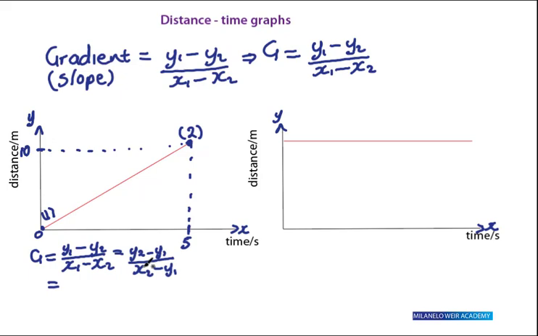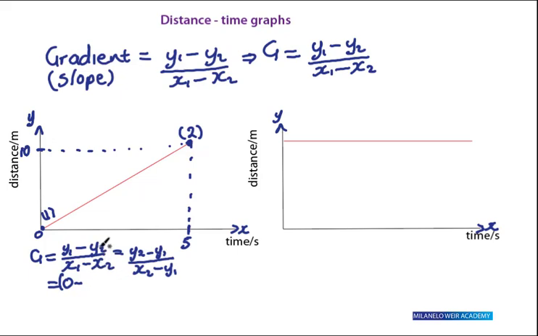Okay? So y1, what is the value of y at point 1? The y values are along this line, right? So the value of y here is 0. Let me put brackets. 0 minus y2.